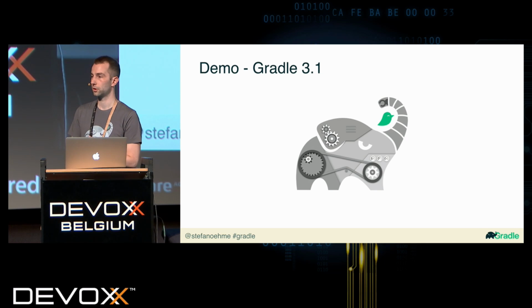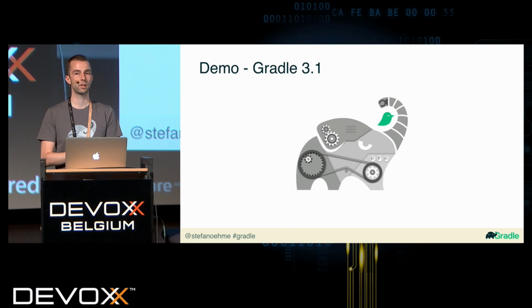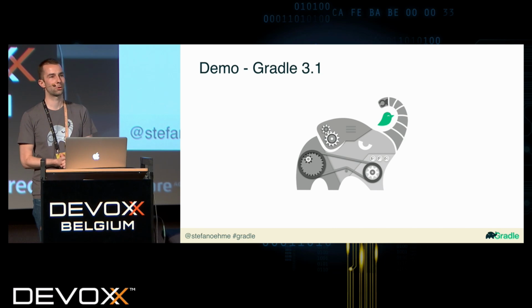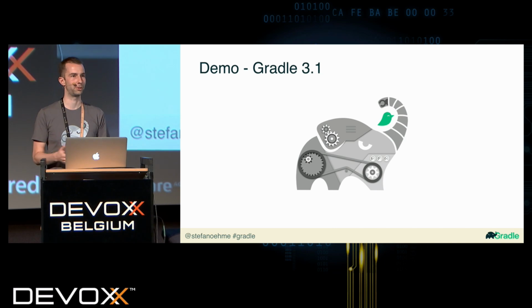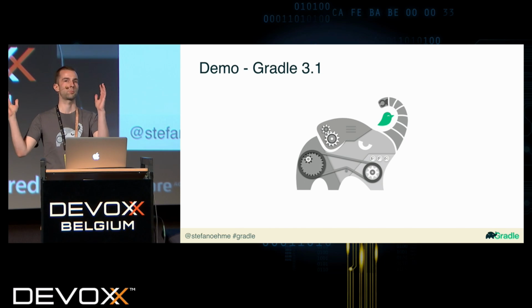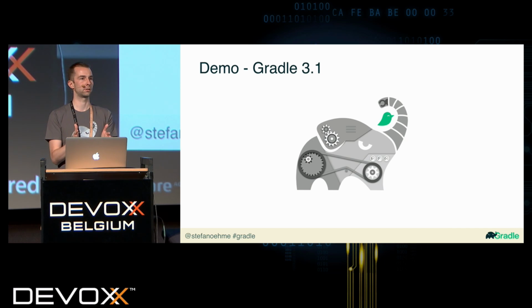And you could use it for even other things than just local development. For instance, one of the things I talked about is it's very hard to find out if a library change breaks downstream applications. Basically, the only way currently is to use snapshots, which is a problem in itself. So what you could do with Composite Builds is you can have a CI job that takes some of your libraries and your application, puts them into a composite, and then runs the check task and says, hey, do these all work together still?